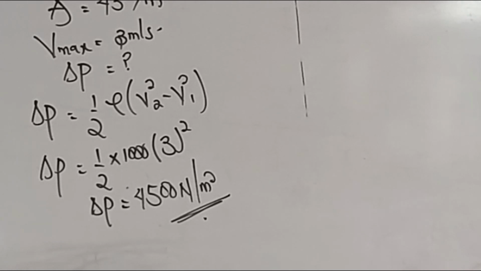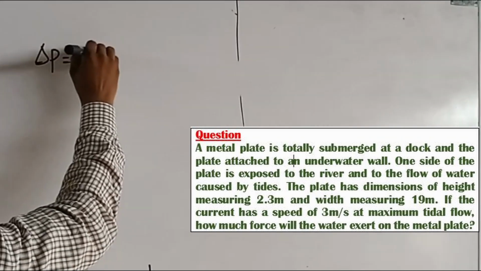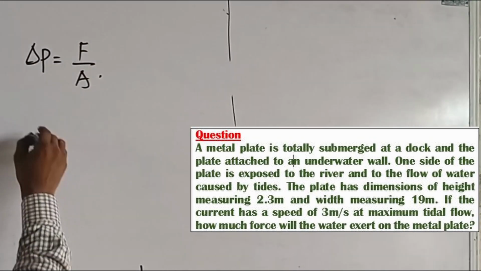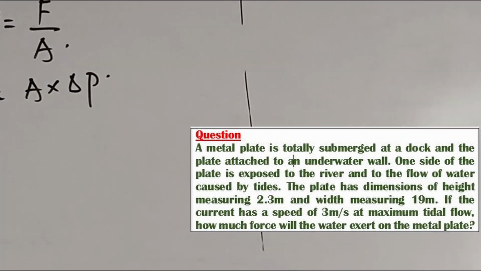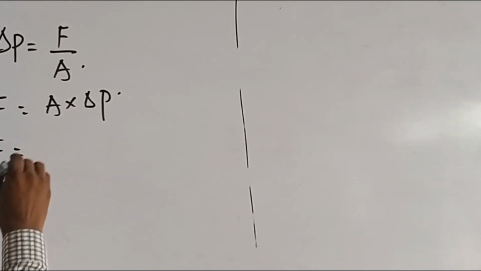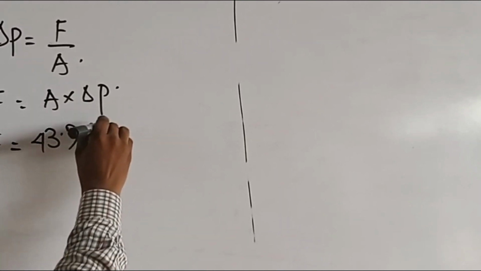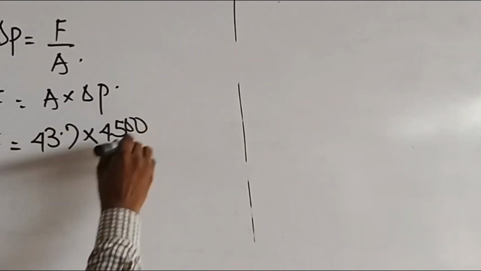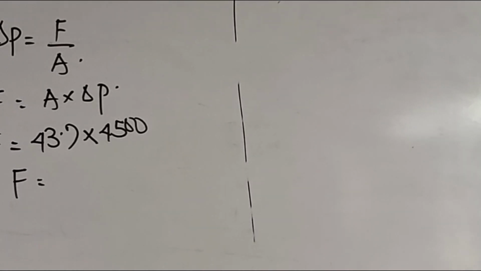With that, we can now determine the force. The change in pressure is simply force over area. So the force is area times change in pressure. What is the area? We calculated earlier 43.7, and the pressure is 4,500. If I multiply, that will give me the value of the force the water exerts against the plate.